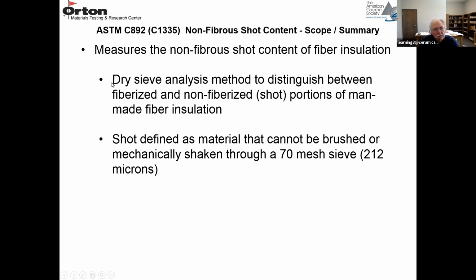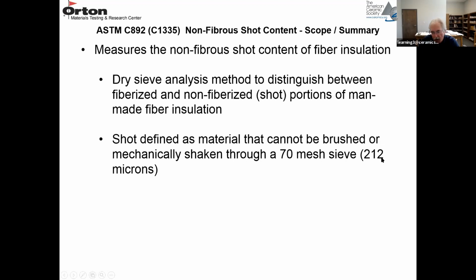So to do this, you use a dry sieve analysis, a method by dry sieve analysis that can distinguish between the fiberized and the non-fiberized or shot portions. And they define shot as a material that cannot be brushed or mechanically shaken through a 70 mesh sieve.